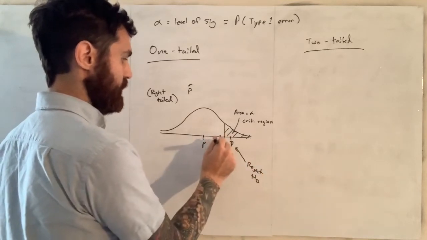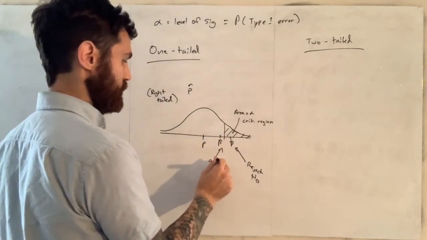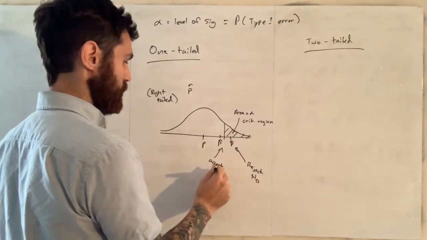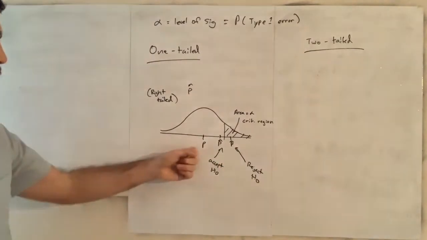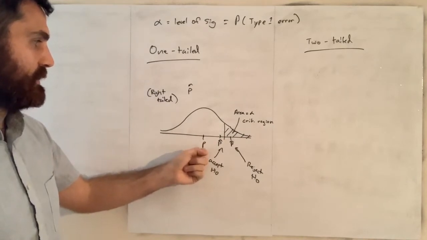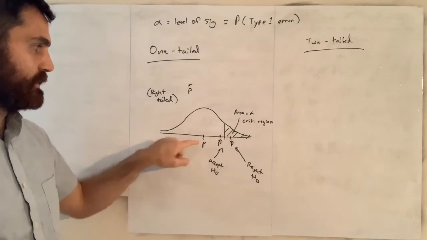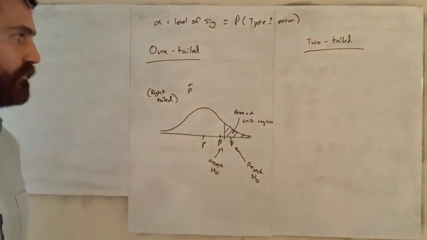But if your p hat is here, you're going to accept the null hypothesis, because in that case it still represents a typical sample, bouncing around very close to the parameter.